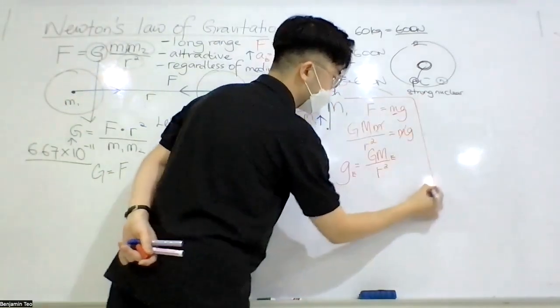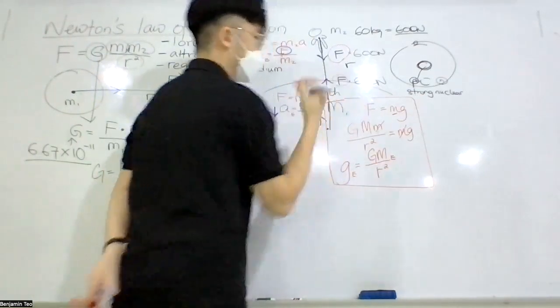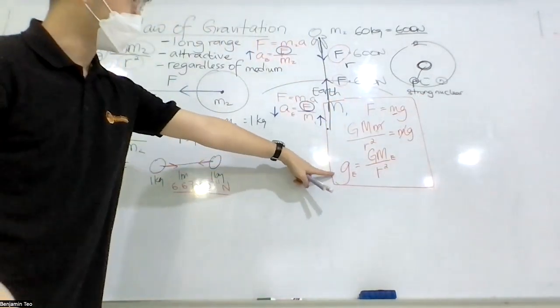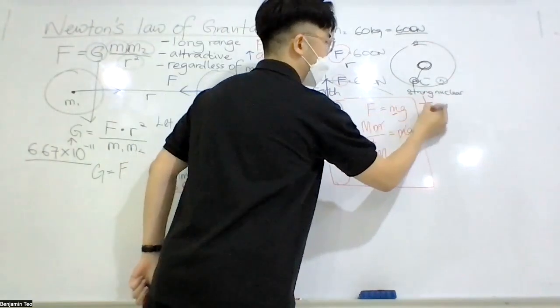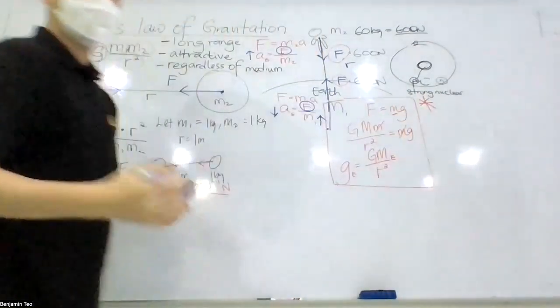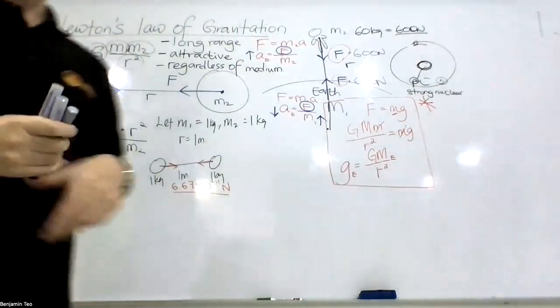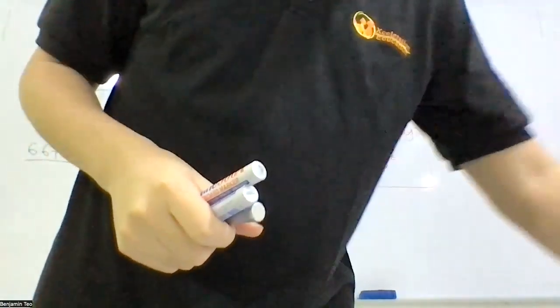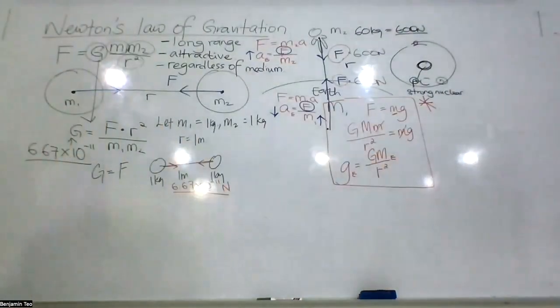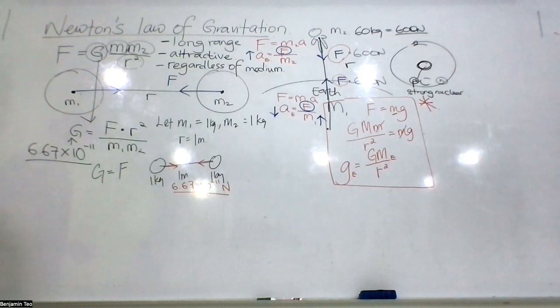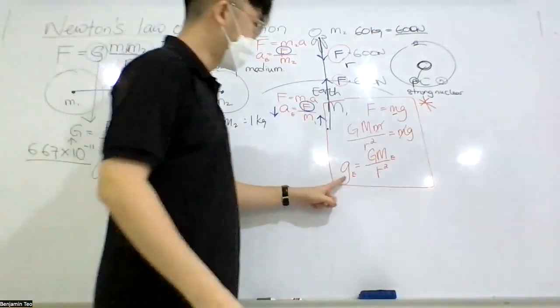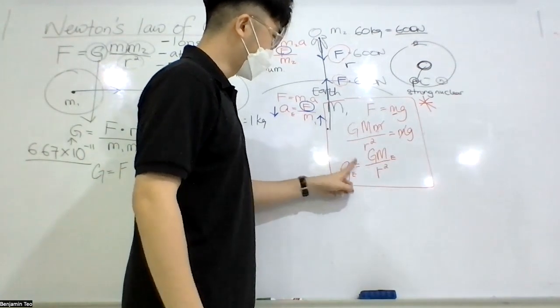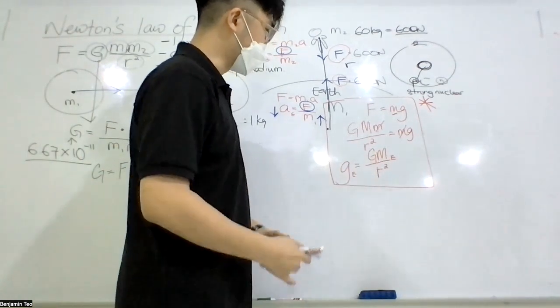Please take note of this. This is the derivation of gravitational field strength. This is in your syllabus. They will ask for the derivation. Gravitational field strength equals GM over r squared.